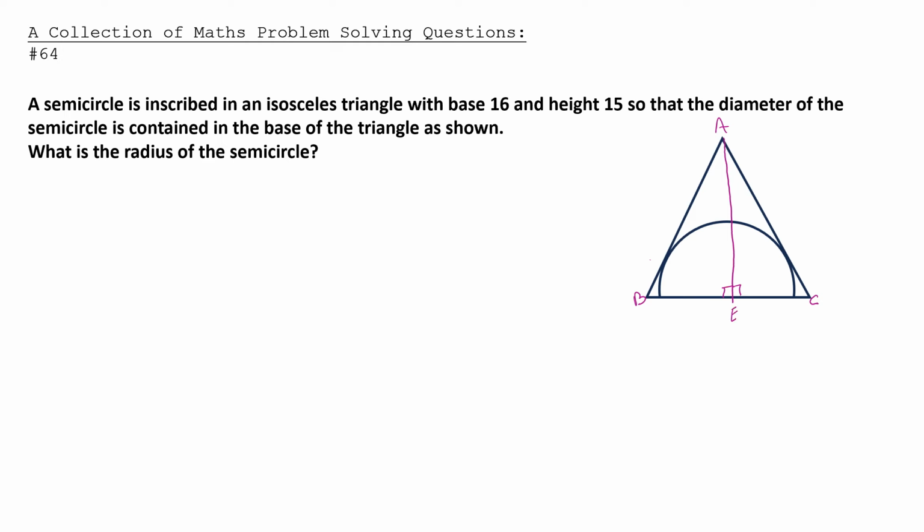Let me name it AO, because the perpendicular bisector of BC is the same line that's going to pass through the center of the circle. So AO being the perpendicular bisector, O is the center of the circle.